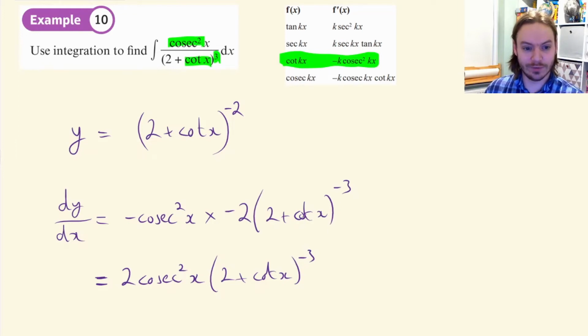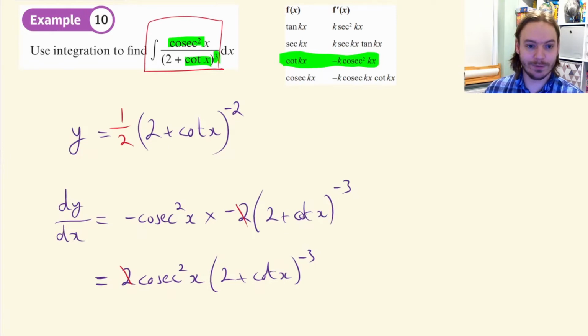So what I need to do is go back and amend that by just halving, and that will just divide it by 2. So I end up with cosec squared times 2 plus cot x to the negative 3, which is exactly what this is.